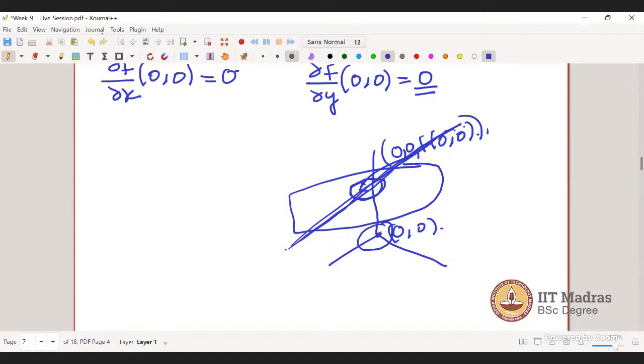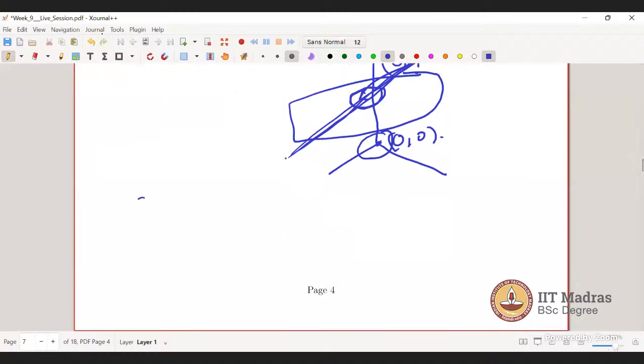So as you said, there can be a function where the value at (0,0) is 0, but the partial derivative is something different. That is certainly possible. If the value of the function at (0,0) is 0, that doesn't imply that the derivative of the function at that point is 0.